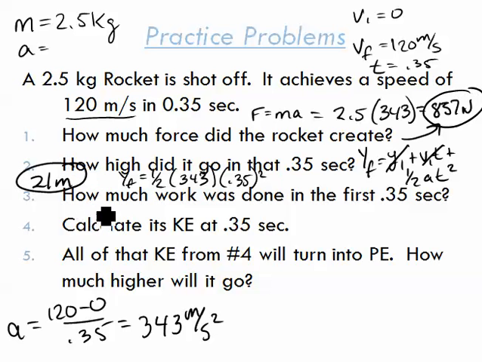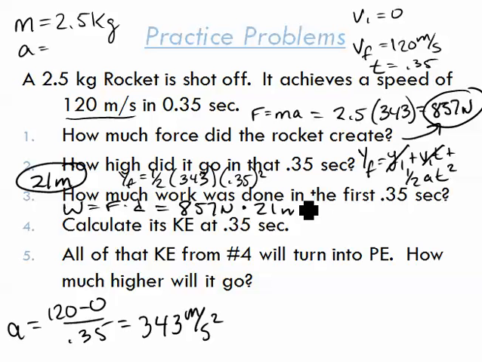So the question then becomes, how much work was done in the first 0.35 seconds? Well, work, as we know from the other day, was force times distance. The force was the 857. The distance is 21 meters.